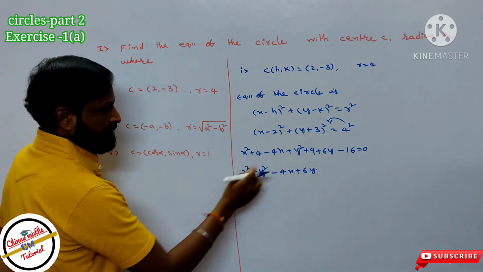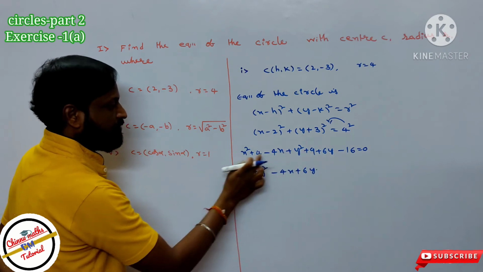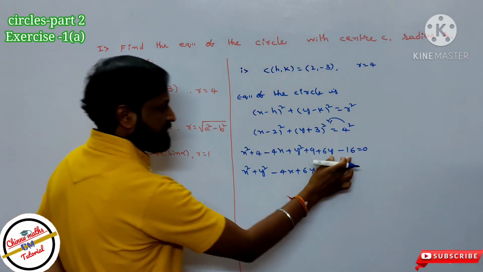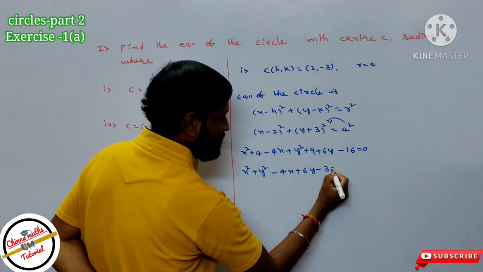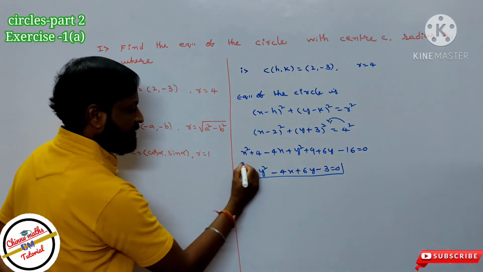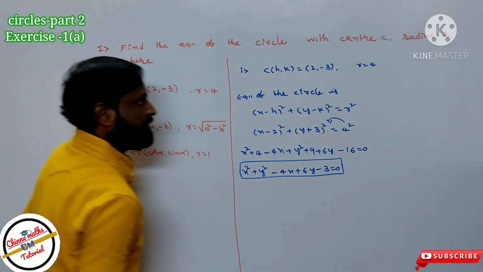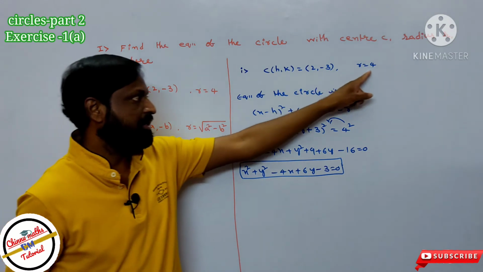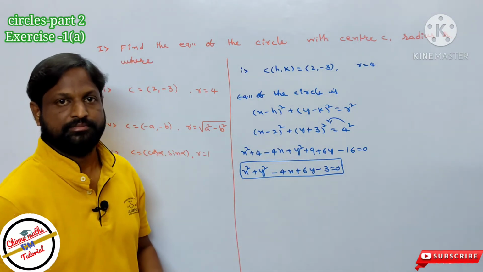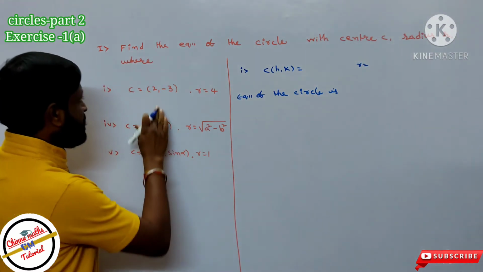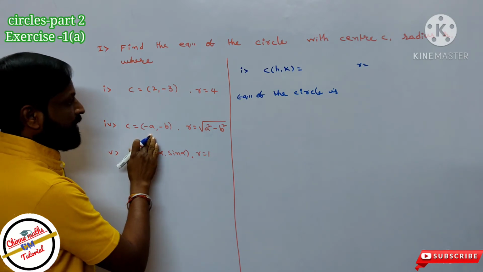Okay, next find the constant value. 9 plus 4 equal to 13, and 13 minus 16 equal to minus 3 equal to 0. This is the required equation of the circle when the given center is (2, minus 3) and radius r equal to 4 units.